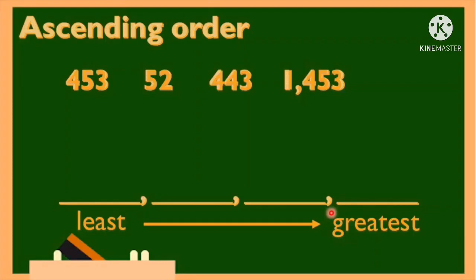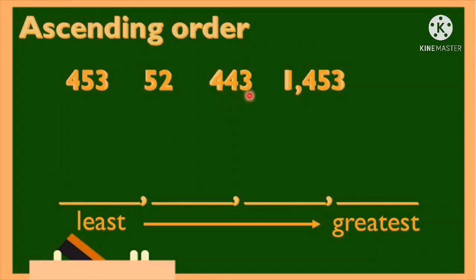Remember, Teacher JP number 2 says that we can also find the least or the greatest in terms of the number of digits. Correct? So, for the first number, which is 453, it has 3 digits. Next number, only 2 digits.